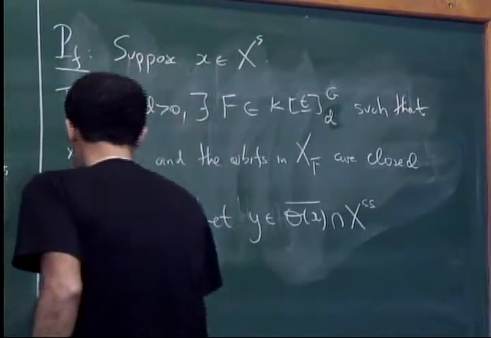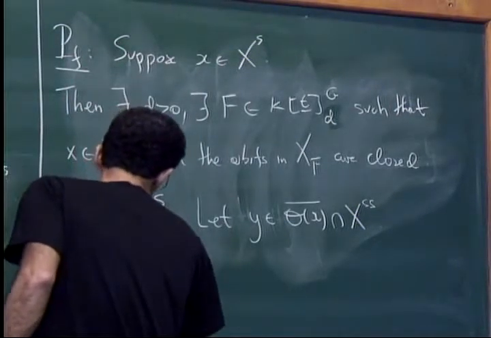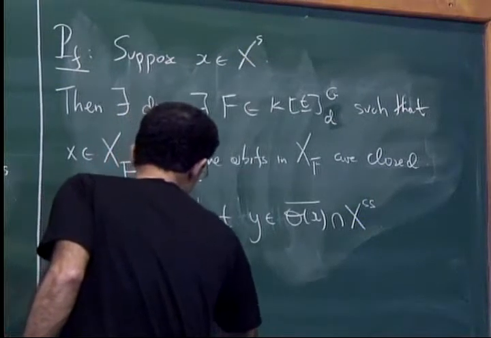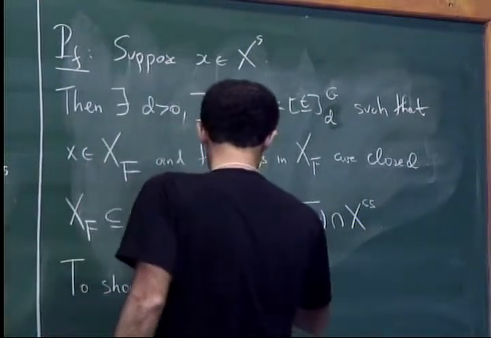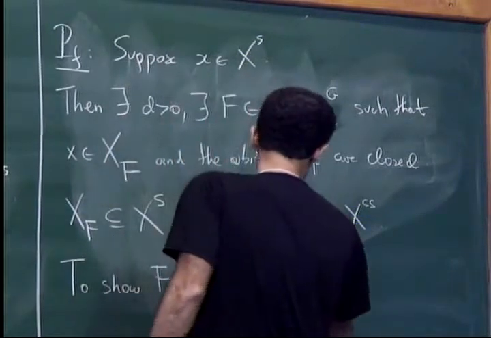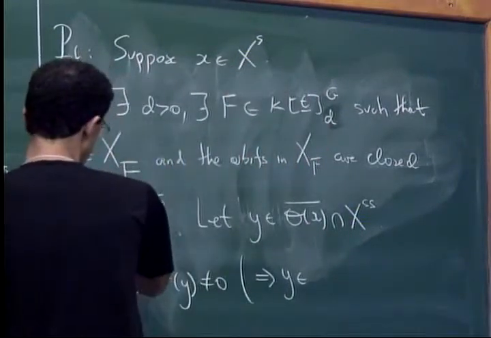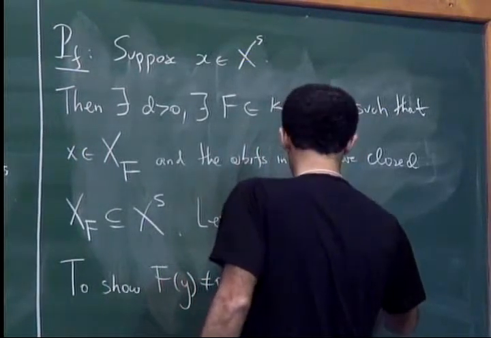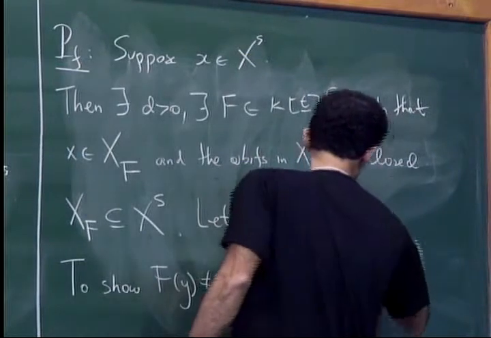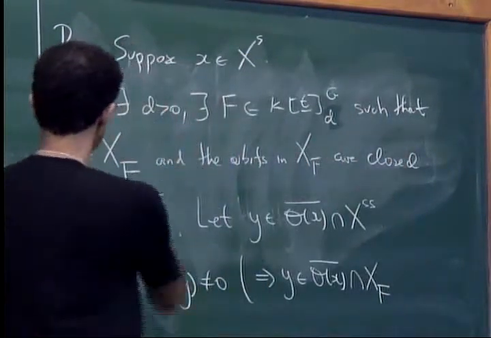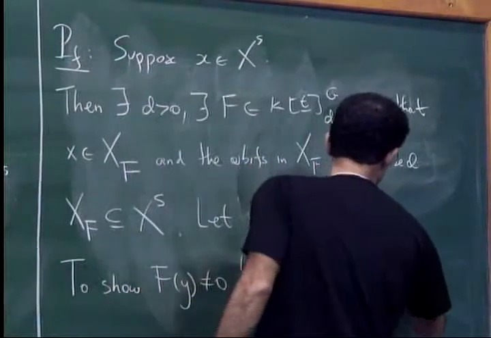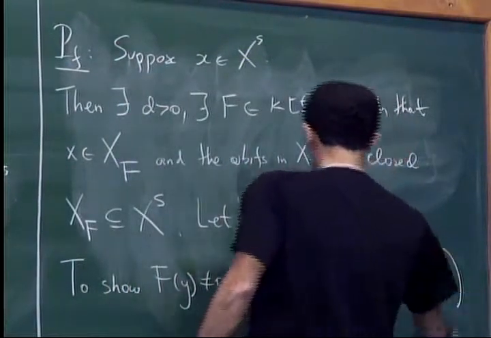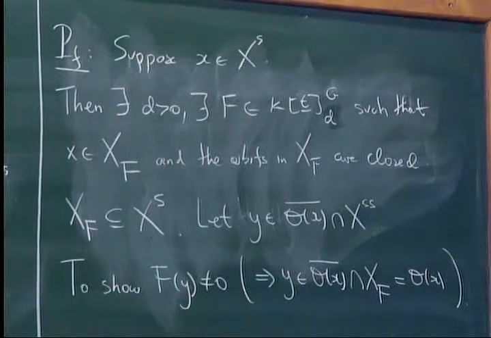So actually, we're going to show that F of Y is different from 0, because this would imply that Y belongs to X_F, and so it belongs to the closure of O_X intersected with X_F, right? And the orbits are closed, so that's just O_X. Okay? So it would imply that the orbits are closed in the bigger set X^ss.